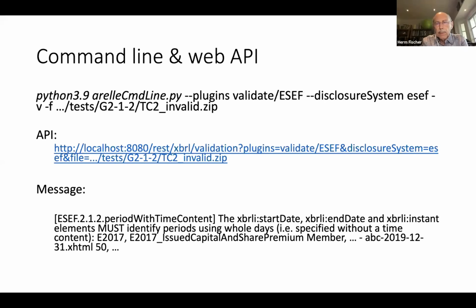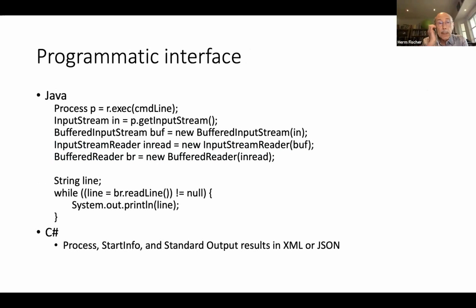And the results of, for example, a validation or a preparation of viewing is provided in terms of a set of messages, and they can be returned as text file, as an XML structured file, or as a JSON structured file and further processed.